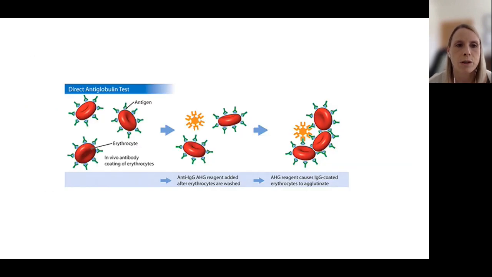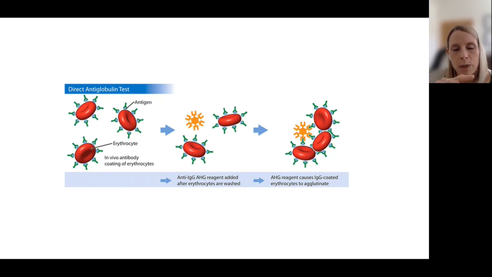So the direct Coombs or direct antiglobulin test, which I've been describing, is essentially a test to look for antibodies breaking down the red blood cells within the baby's blood. So what they do is they take the baby's red blood cells, and you can see on the left-hand side, the red blood cells have got the little blue antigens on it, and then these little green Y-shaped antibodies attached. So they wash the cells, and then they add a reagent in. And the reagent is this little orange circular shape, and you can see it's got little projections coming out of it.